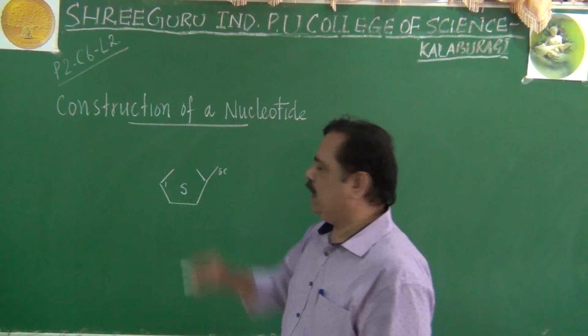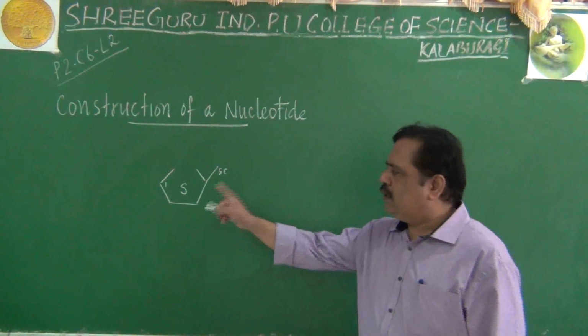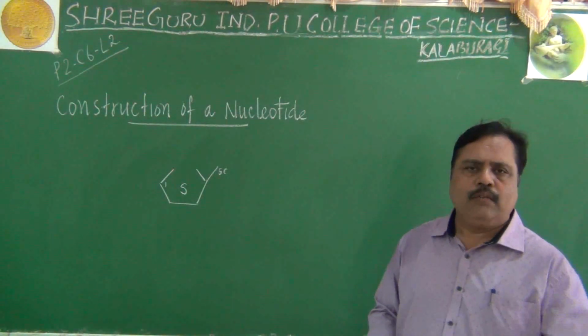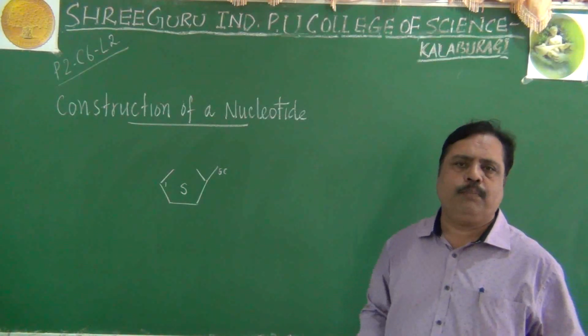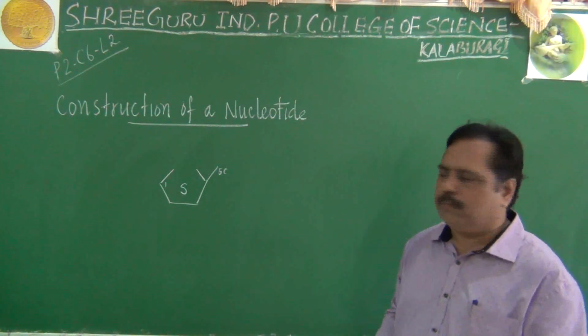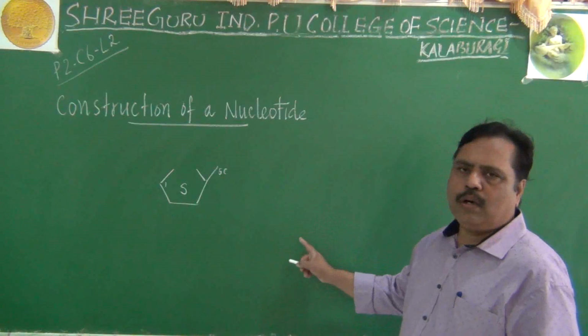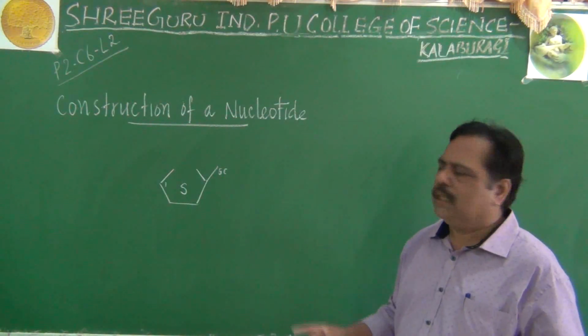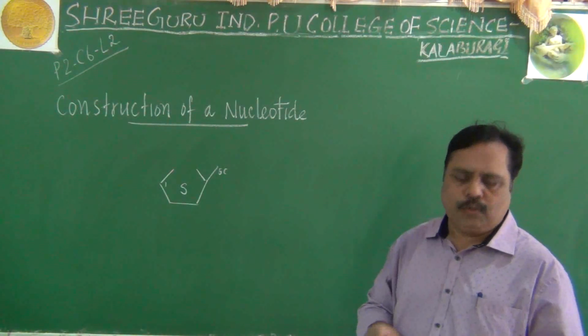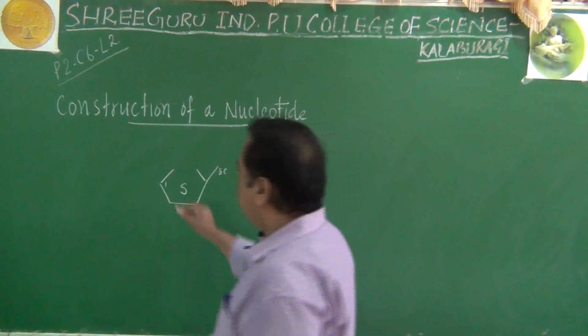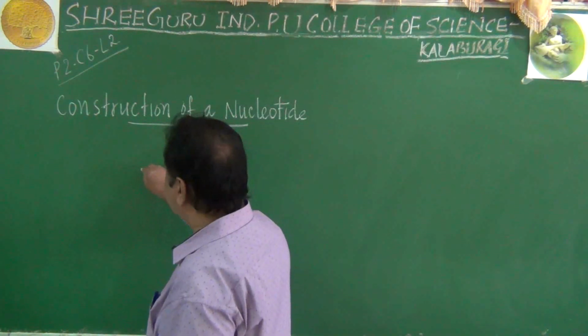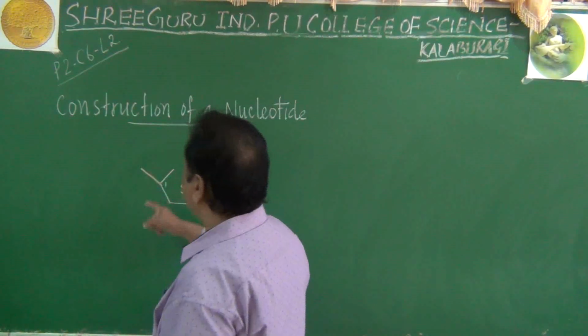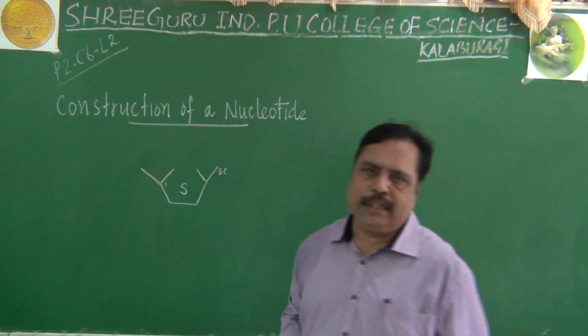With this sugar molecule, where will the nitrogen base, whether it is adenine, guanine, cytosine, whatever it is, be attached? Remember, to the first carbon atom of the sugar molecule, the nitrogen base will be attached here.